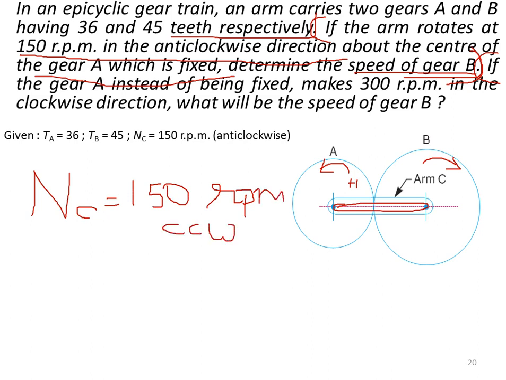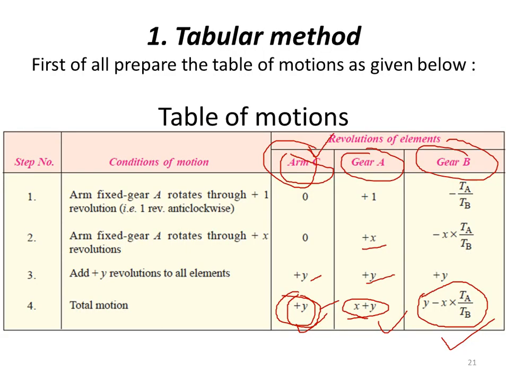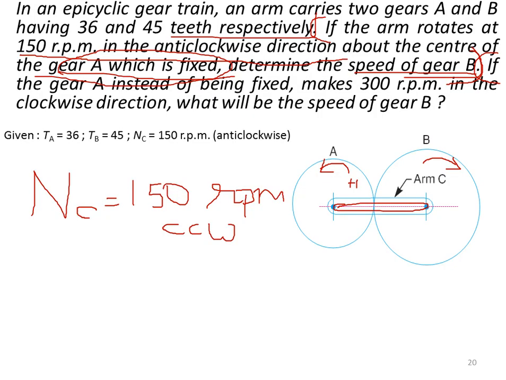He has given the speed of arm C. Now about the center of gear A which is fixed, which is gear A here? This x plus y. So if gear A is fixed, what you get? You get for NA, this is fixed, means it is 0.